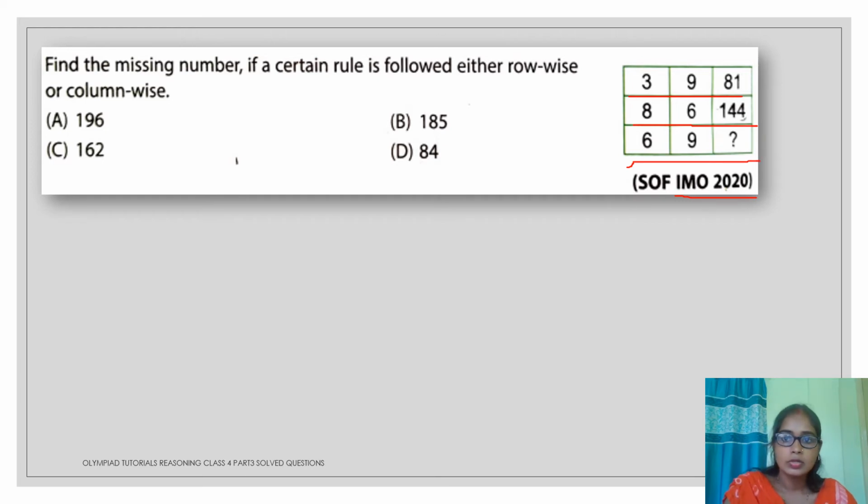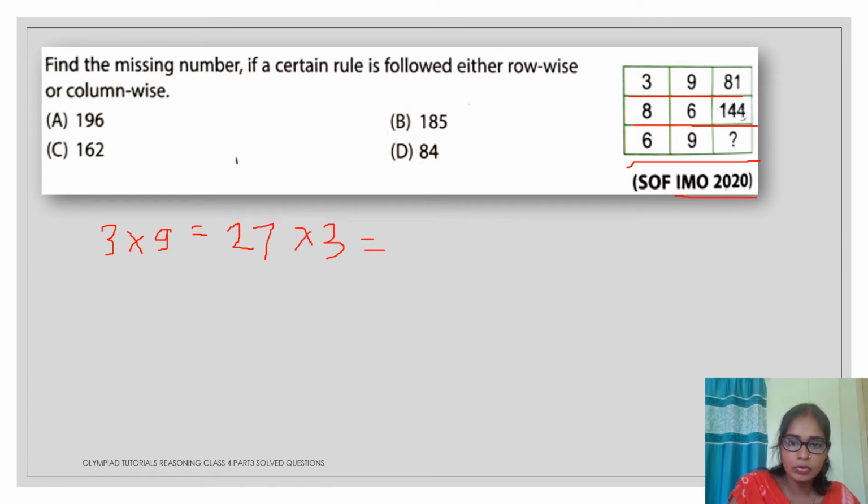Now let us take the first row. 3 into 9 will give you 27. Again, if you multiply 3 to this, it will give you 81. So 27 into 3 is 81.